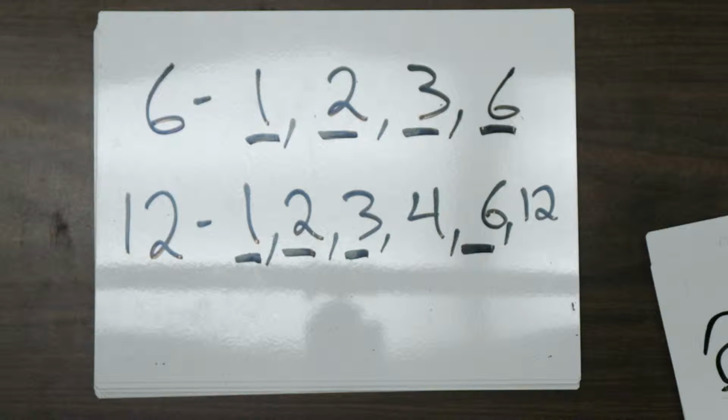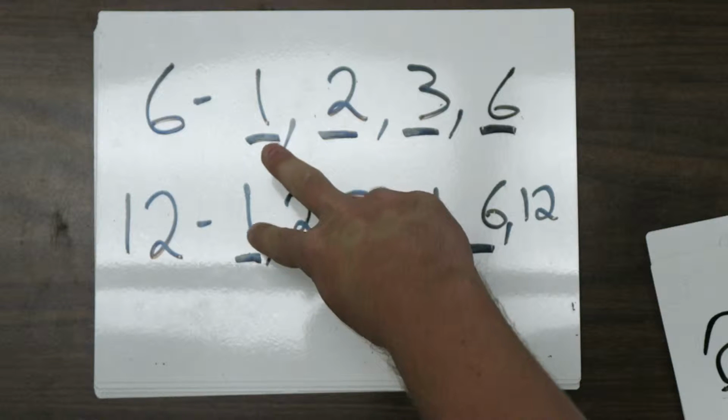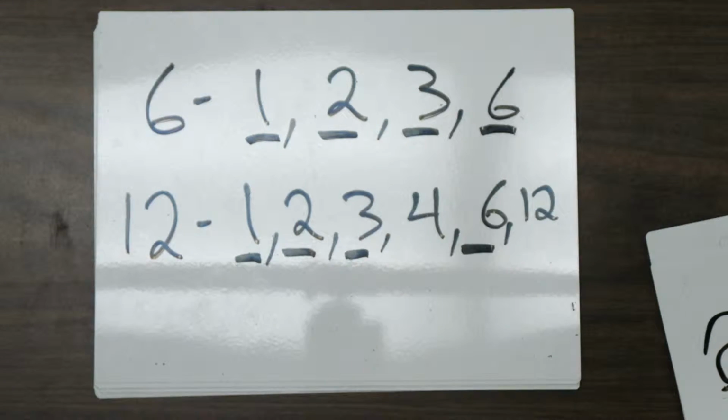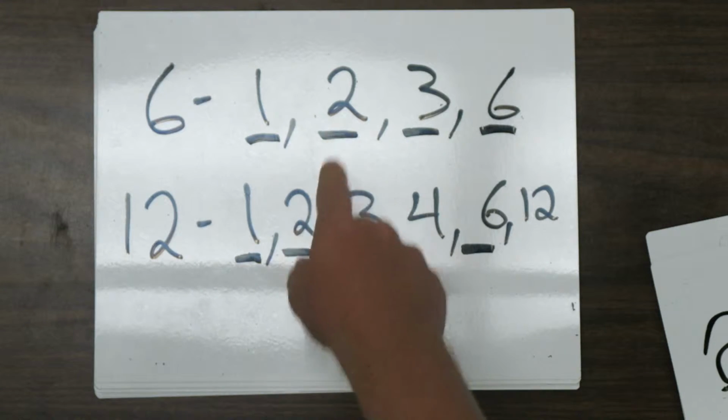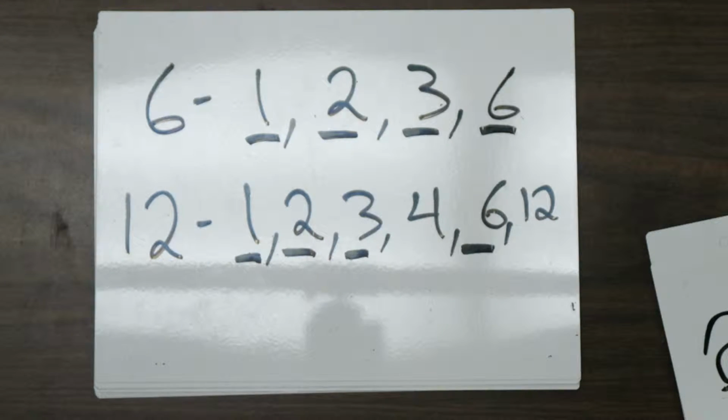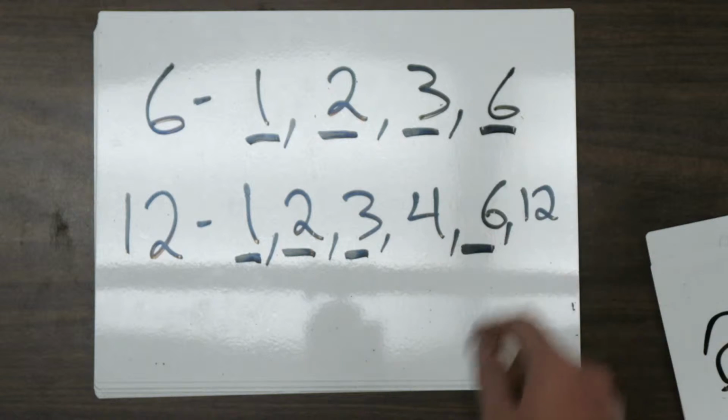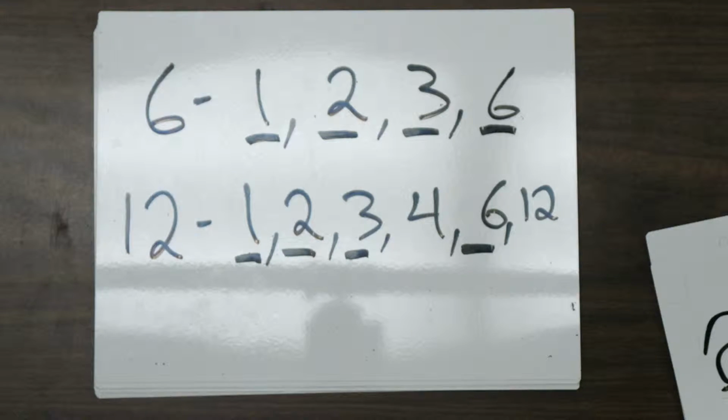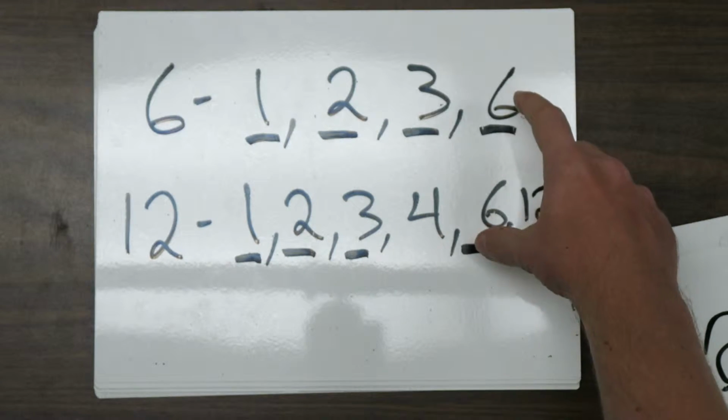Now I need to find the greatest common factor. Well, what that means is both numbers have to share that factor, and we're also looking for the greatest one. Well, if I look at the ones that are underlined, those are my ones in common, and the greatest one is going to be 6. So what do I do with that greatest common factor of 6?